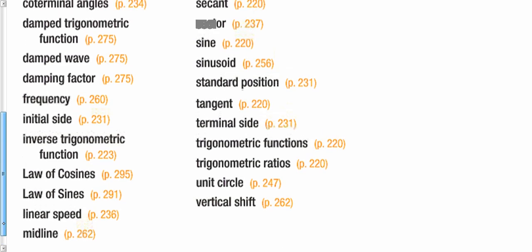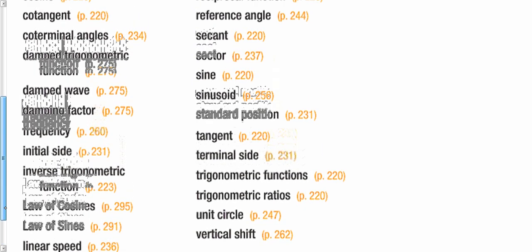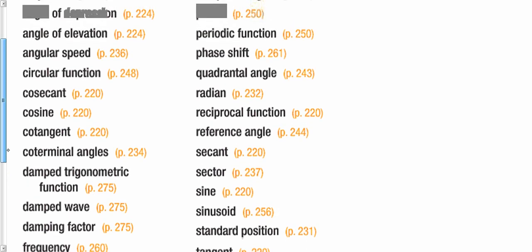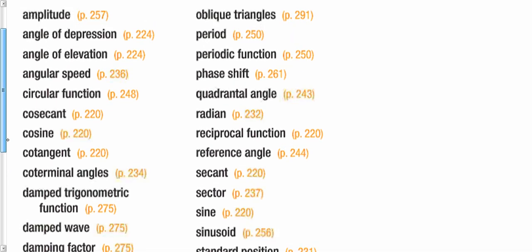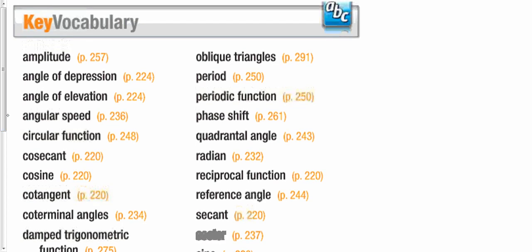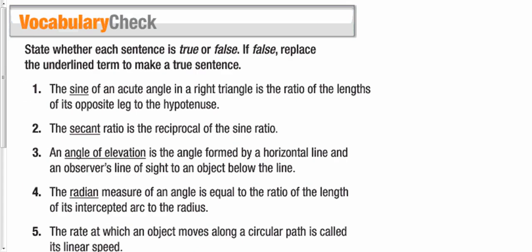I'm not going to go through these one by one. If you need a definition, they are on these pages in the textbook that is on my website, which probably no one has ever looked at before. All right. From here on, I'll go through pretty much everything on here.